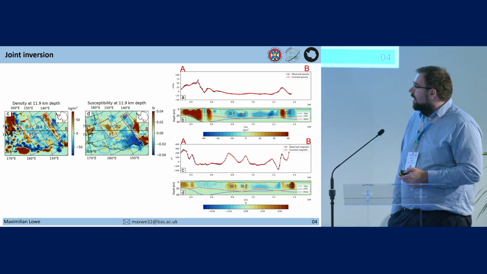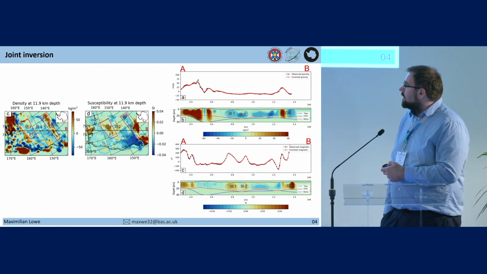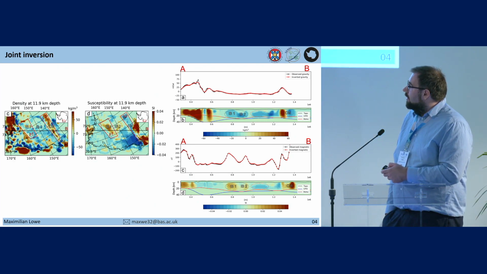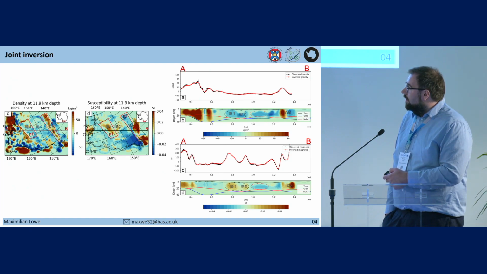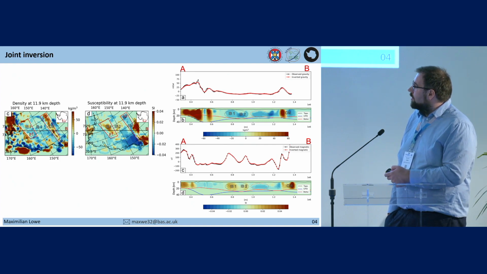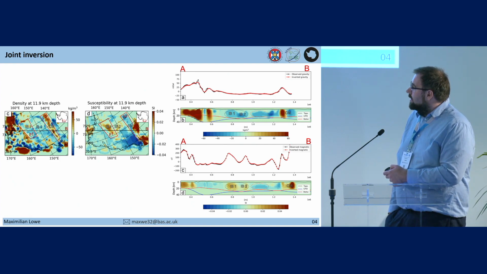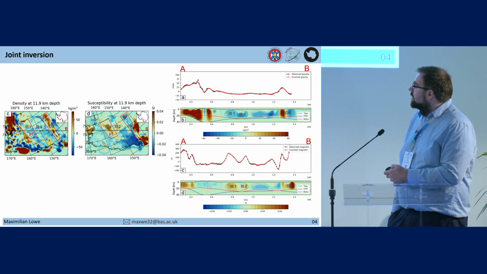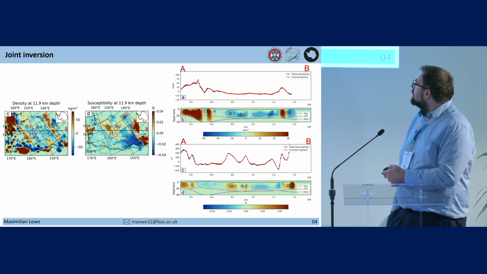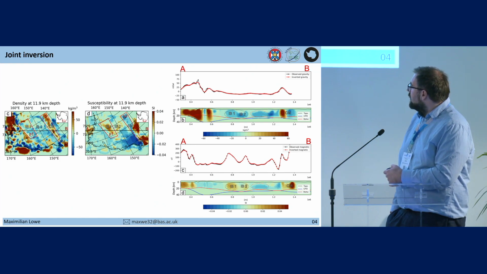I want to highlight two areas in the model. In the density inversion, we see a really high, long linear feature along the continental margin, and in the magnetics we see a really large, high susceptibility anomaly, which is also seen in the subsection here.